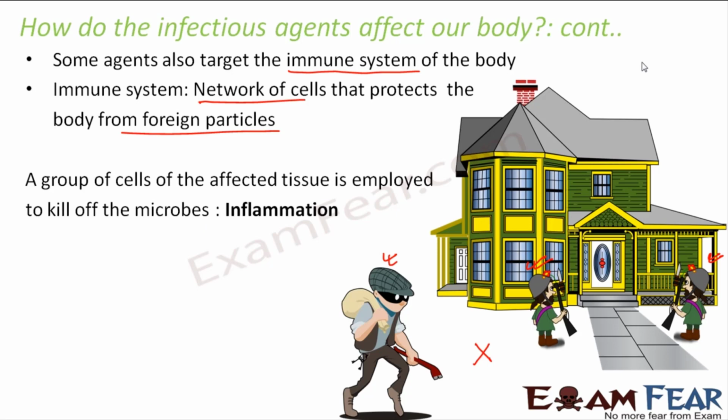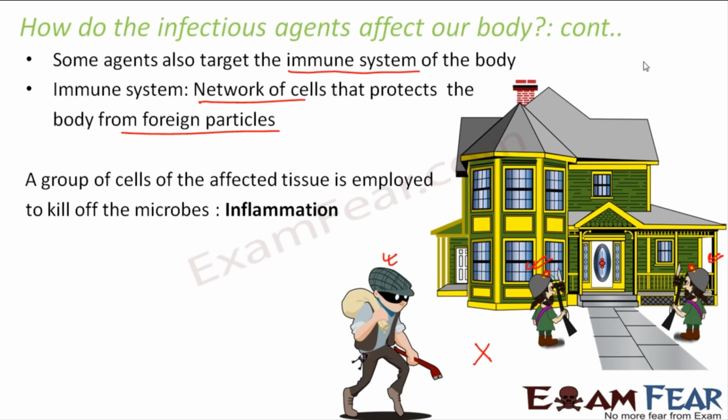Let us suppose that while breathing, a microbe entered and went to your lungs. So the affected tissue is the tissue of your lungs. A group of cells inside that lung tissue will be employed to kill off the microbes. Those cells are your security guards, and they will start fighting with the bacteria which has entered the lungs, right?